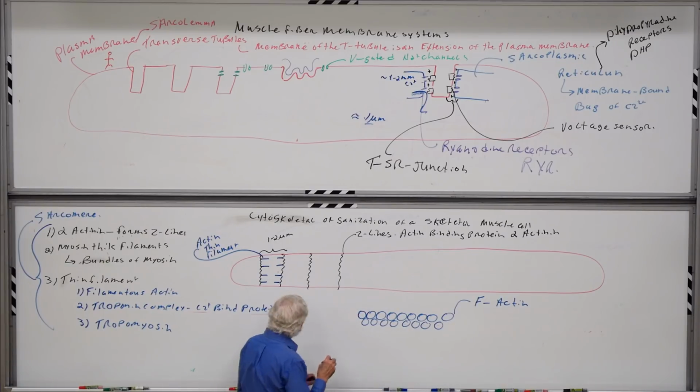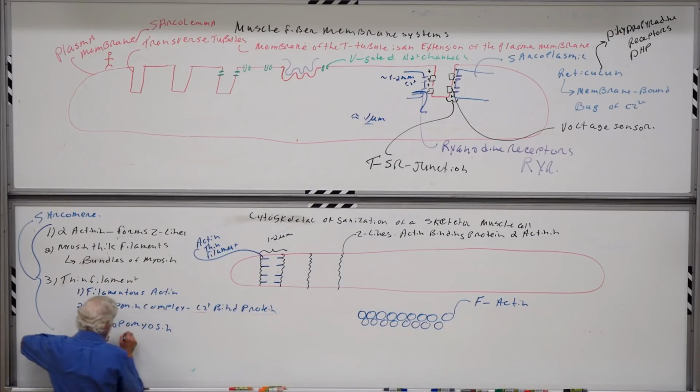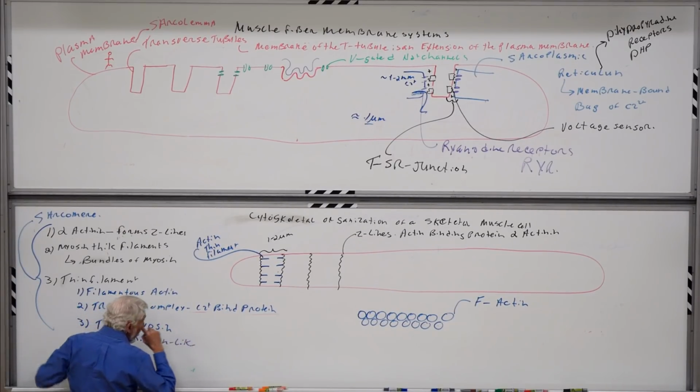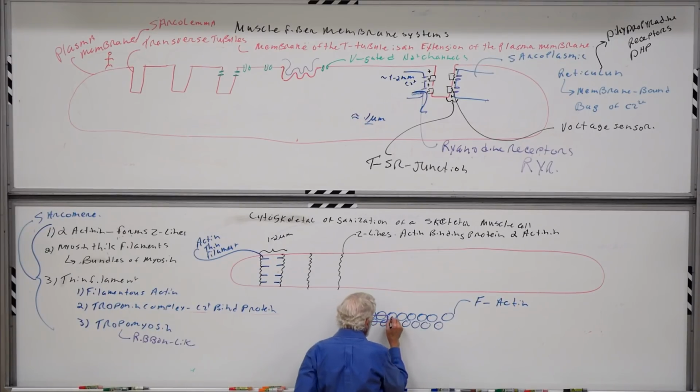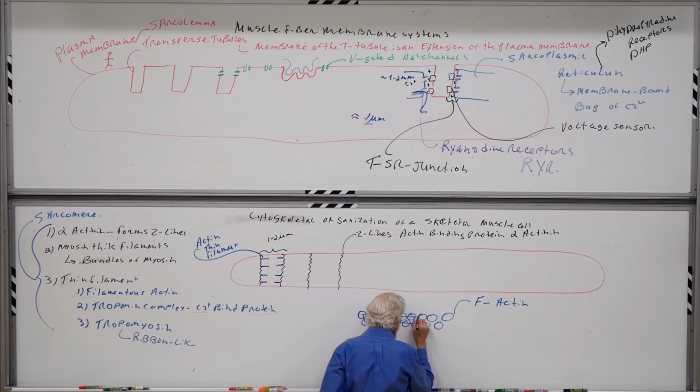Then there is this ribbon-like molecule called tropomyosin. The ribbon-like molecule extends over 6 to 7 of these individual actin monomers.